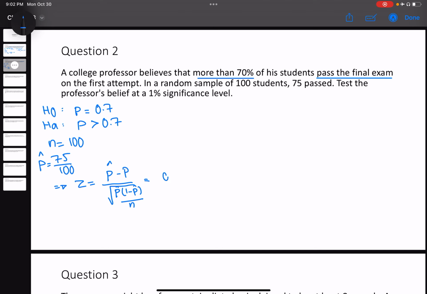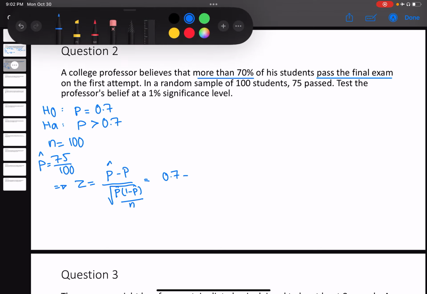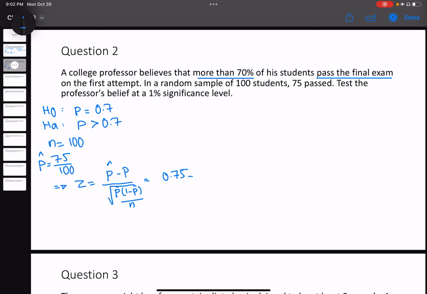That would be 0.75 minus 0.7, which is the sampling distribution mean minus mean, divided by the square root of 0.7 times 0.3 divided by 100. If we do the calculation, we will get 1.15.